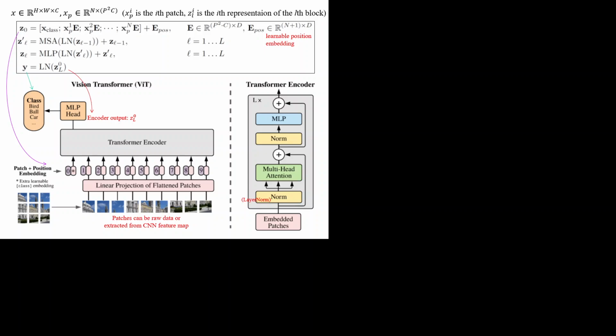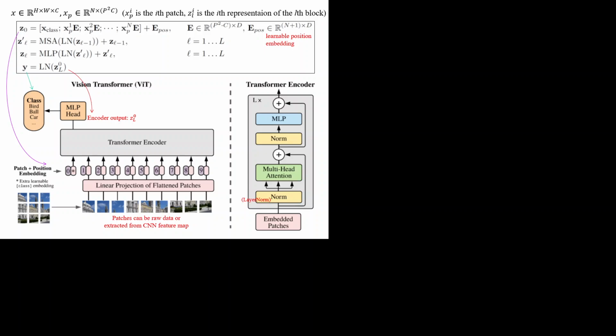Okay. And next, because we have in total L blocks, the transformer attention block L. For each block from 1 to L, each time you perform a layer normalization here, and then multi-head self-attention, plus your residual.